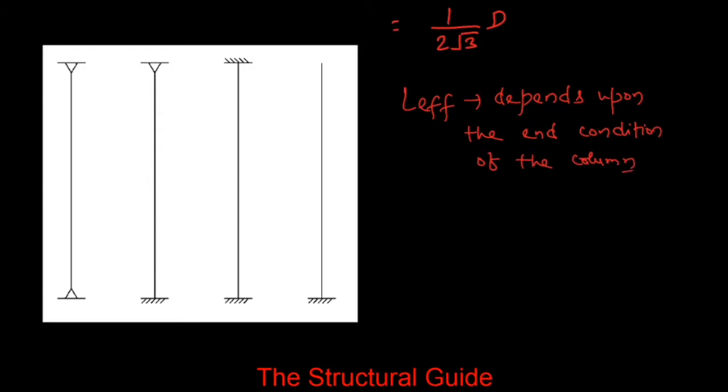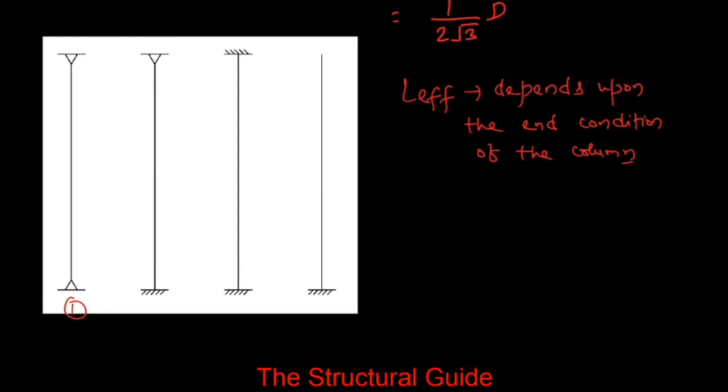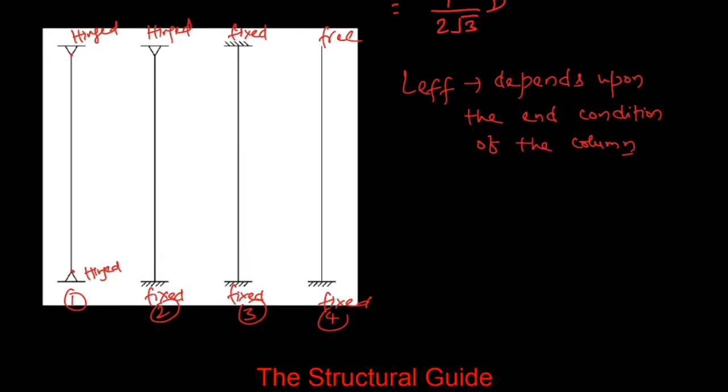End condition means, look at the first one. In this case, both the ends of the column are hinged. This is hinged support. This is fixed support. This is hinge support. So these are the types of end connection.